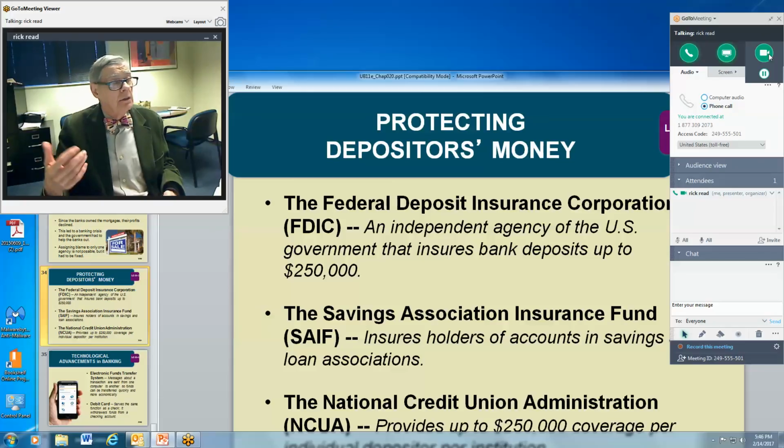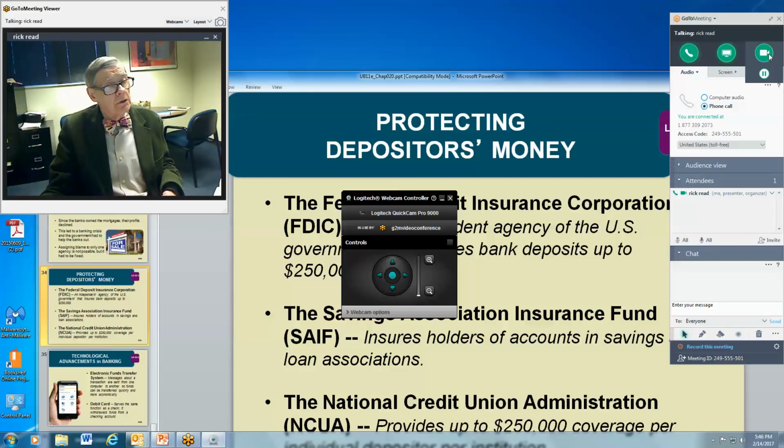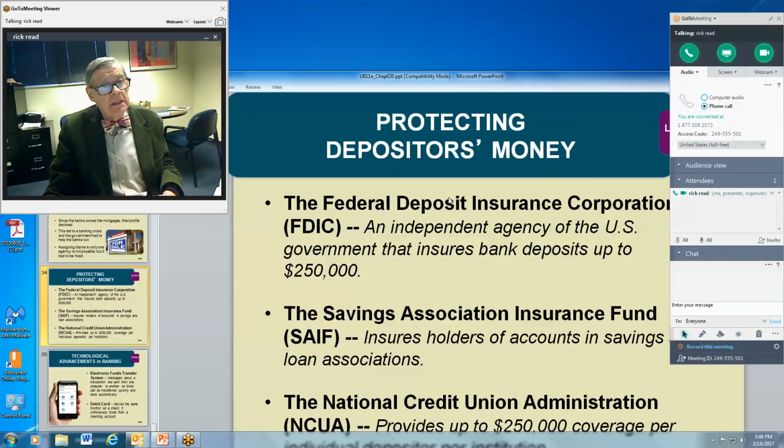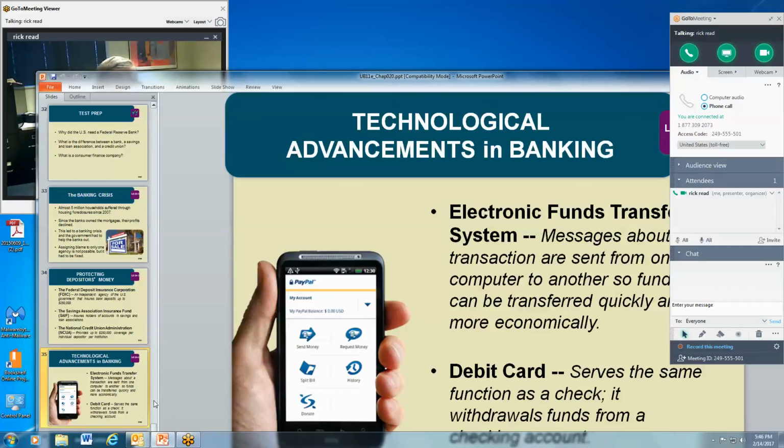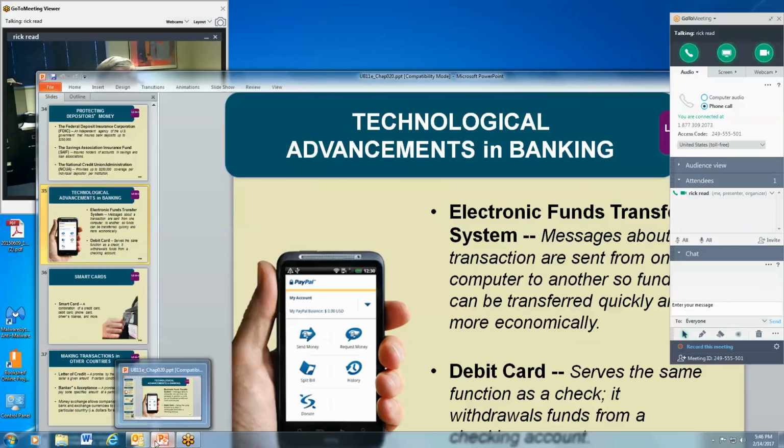That is the same thing with the Savings Association Insurance Fund, SAIF, and then the National Credit Union Administration, NCUA, again provides $250,000 coverage. We know that electronic funds transfer and debit card things are big issues today, and they're things that really help us move along.